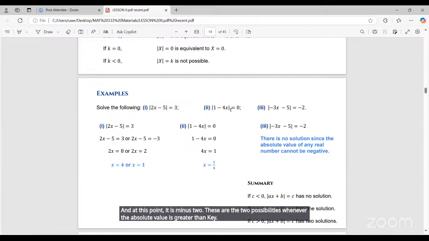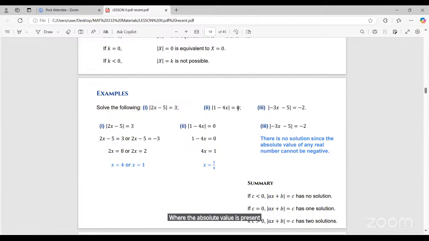When the absolute value is greater than k, k is a number, it will either be equal to 0 or equal to a negative number. Do you get me? That's what they are trying to explain there.